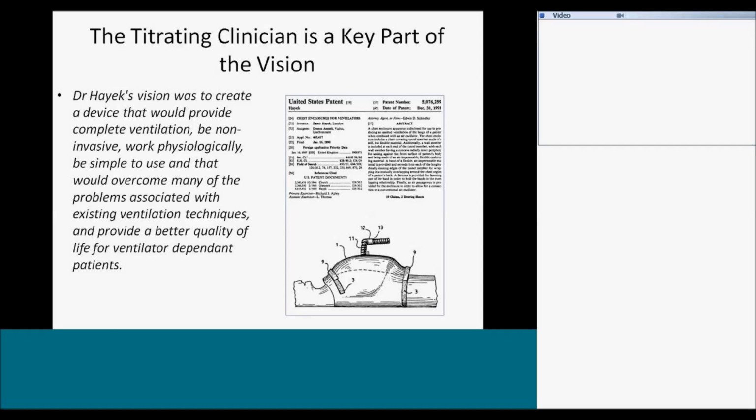And as an individual helping to determine the right settings for the patient, you are a key part of achieving that vision. I think that ends our setting selection.